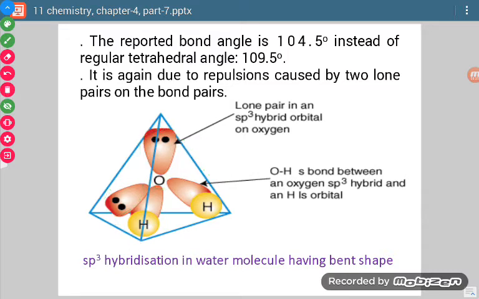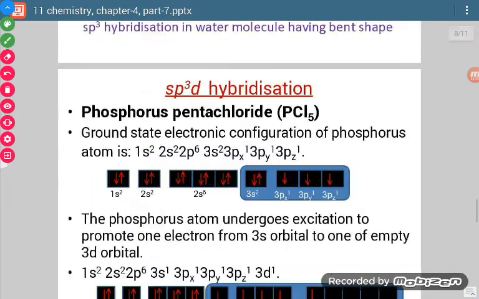So ultimately we are going to get the bent shape. There will be bent shape of the molecule, and the bond angle will decrease further, and it will be 104.5 degree instead of 109.5 degree. So this was the case of water.